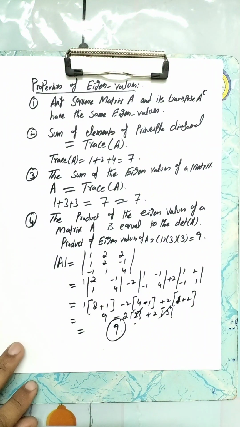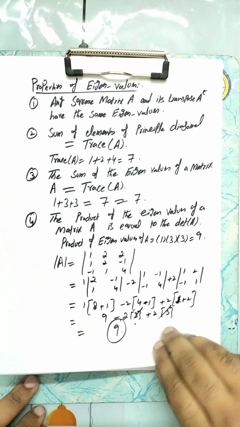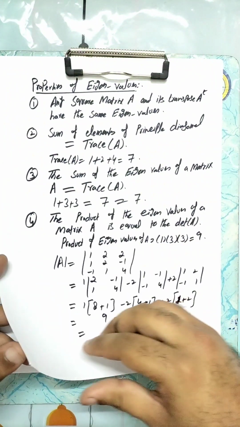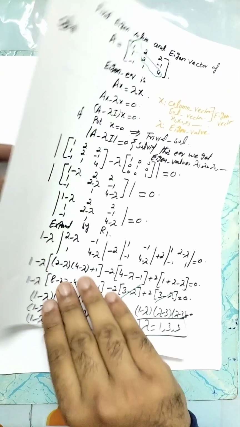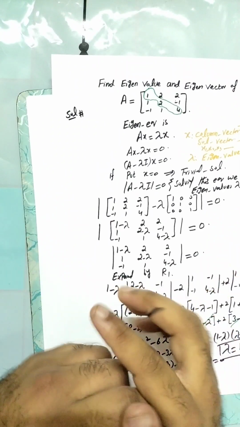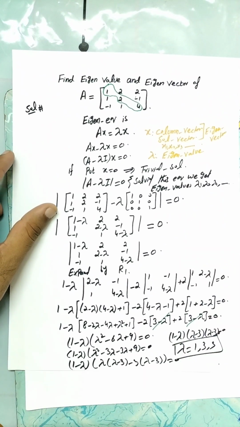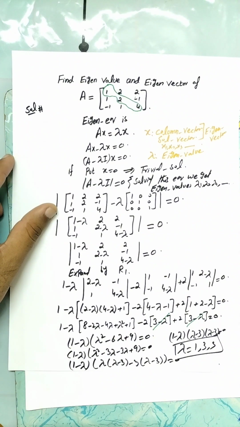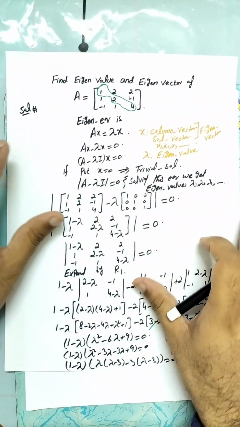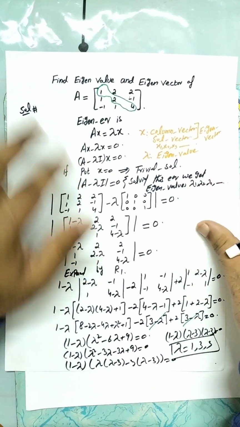So first we come back to the equation. This equation Ax is equal to lambda x. So we calculate the eigenvector from here. So again here Ax minus lambda x is equal to 0.